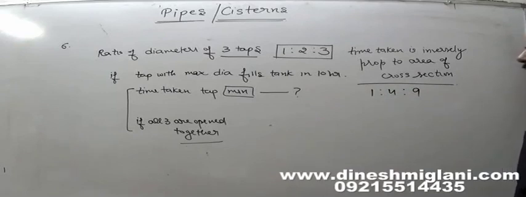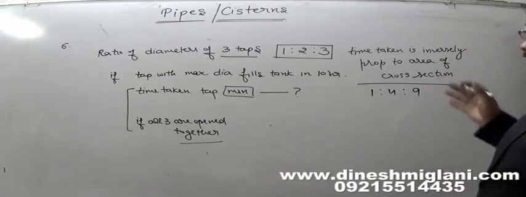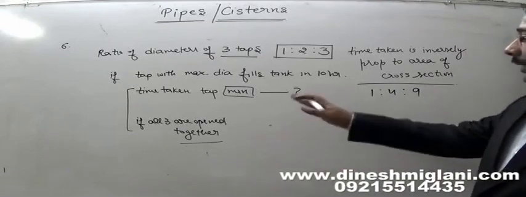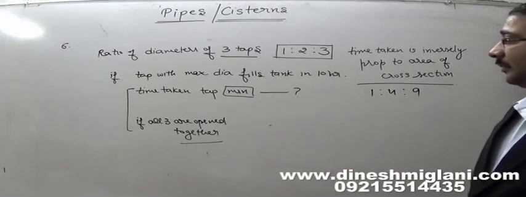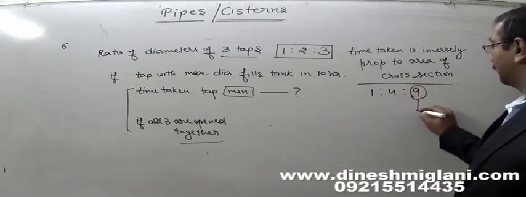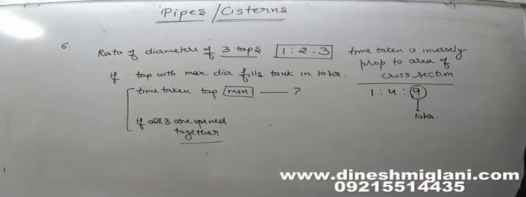Now we know that area and time taken are inversely proportional, right? It means that time taken would be 9:4:1. Let us take the first question: the time taken by the tap with maximum diameter is 10 hours. It means the tap whose diameter is 3, with area of cross section 9, takes 10 hours, right?